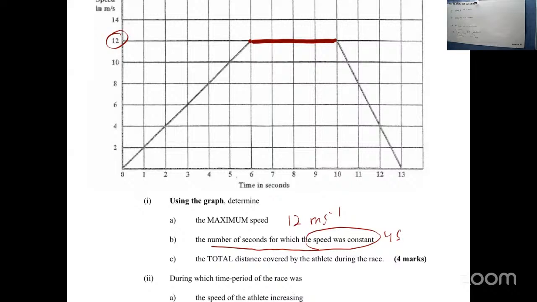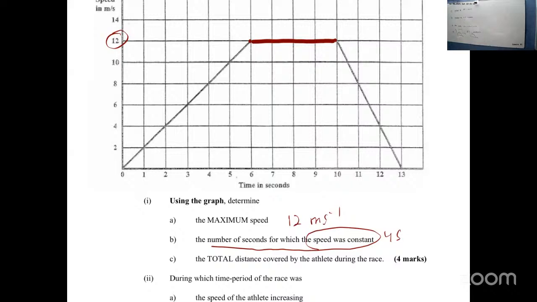Still on the board. Read number 3. Number 3, area under the graph, right?